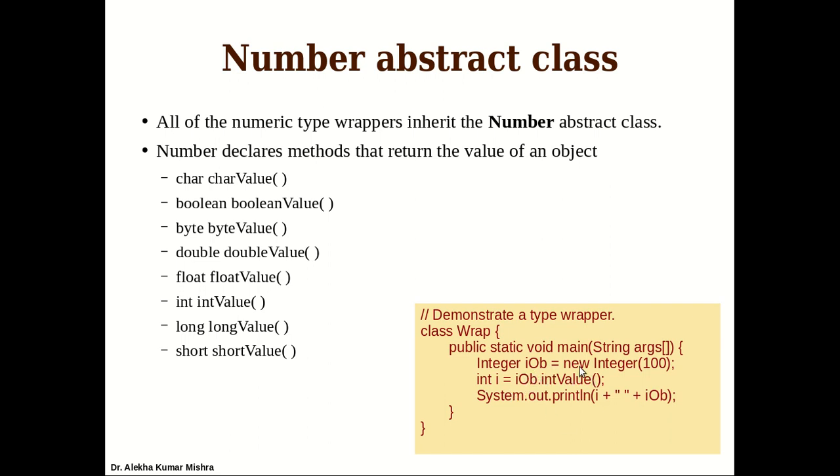So intValue, charValue, doubleValue, you can use these methods to get the value of the object. For any numeric type wrappers, we can use these methods to get the numeric equivalent value.